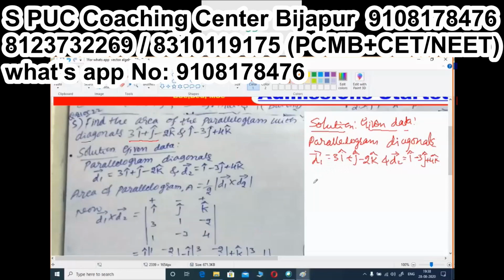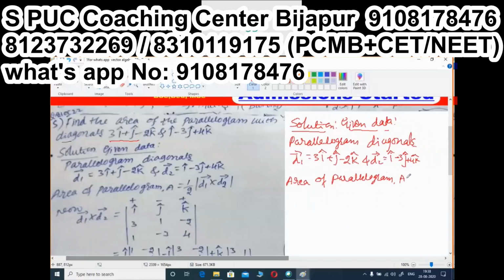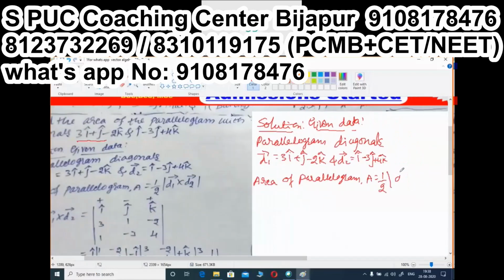Okay, so write the area of the parallelogram equation here: area of parallelogram A is equal to, the change is 1 by 2, modulus of D1 vector cross D2 vector.